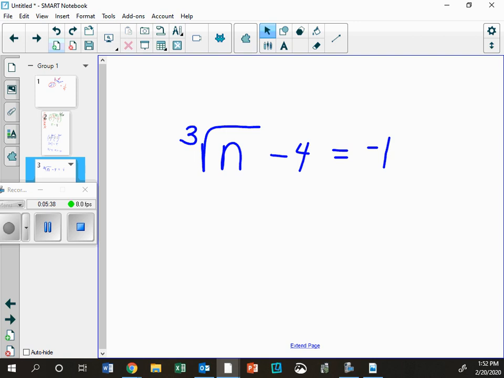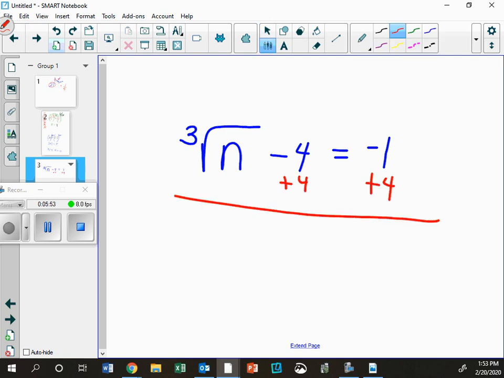Okay, dice of destiny. What should I add or subtract? This is row 6, person 1, 2, 3. That's you, Isaac. Plus 4, good. You add 4 to both sides. Cube root of n is equal to negative 1 plus 4, which is 3.